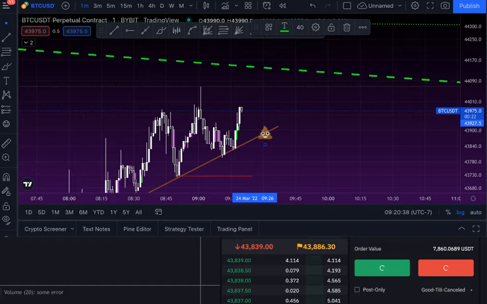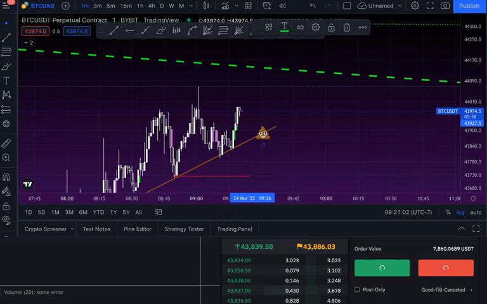Okay, well, I'm going to do it on my phone here because this is kind of sus. What's happening here? Swear if I missed this. Yeah, I'm just going to do it on my phone. 43,911, whole account long, 33 times leverage is what I'm using.